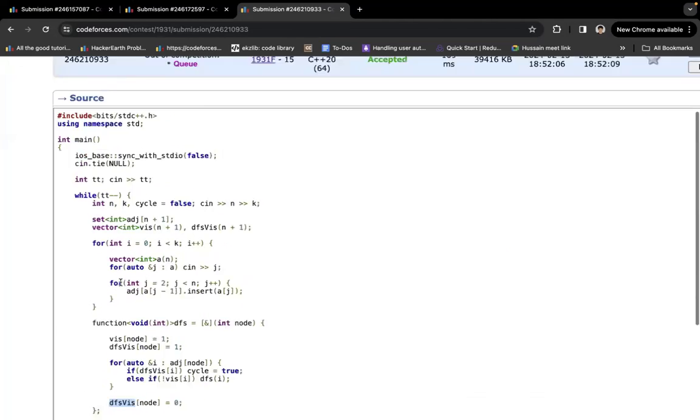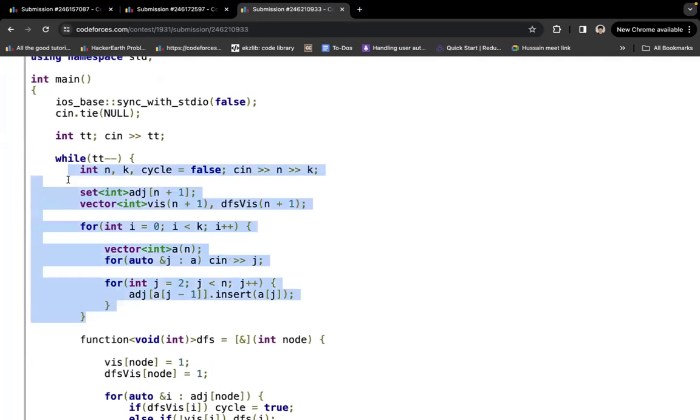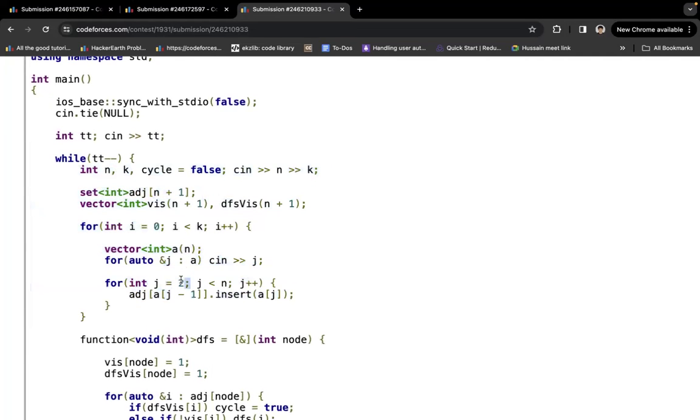So what do we basically do? I take in the array, and for every element apart from the first, we can't take the first because that is pulled out, so we don't know about it yet. So for every element from index 1 to index n-1, I make a graph stating that a[j-1] should come before a[j].